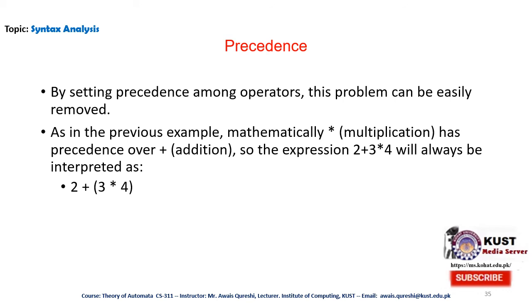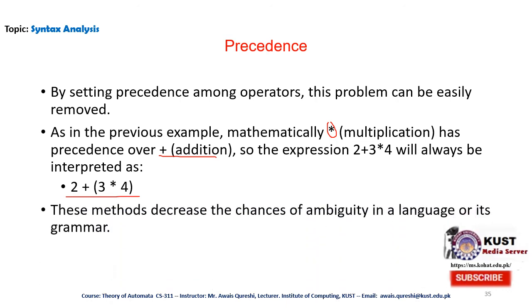As in the previous example, mathematically, this operator has precedence over this operator. So the expression 2 plus 3 into 4 will always be interpreted in this way. These methods decrease the chances of ambiguity in a language or its grammar. So with the help of these methods, we can reduce the ambiguity by using the concepts of precedence and associativity in our grammar.